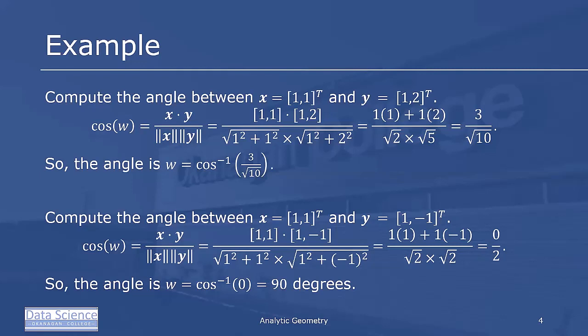This means the angle between these two vectors is inverse cosine of 0, or 90 degrees. And if we look at these two vectors and we plot them in R2, they are in fact perpendicular. So in this example, the actual physical happenings of the math agree with our intuitive idea of what perpendicular vectors should look like.